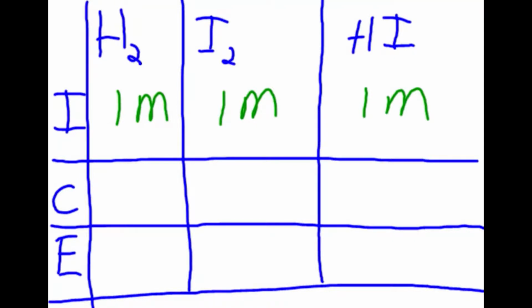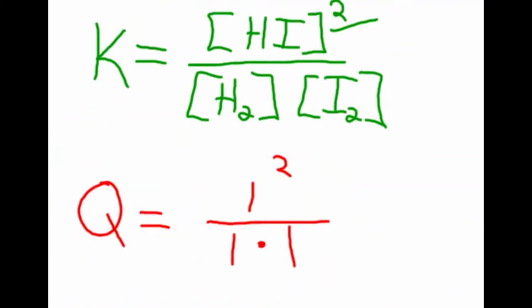So what I have to know is, is this number going to get bigger or smaller? What is my change? To do that, I have to find a Q. See if you can find a Q. Remember, Q is just the concentrations where we are now, in the beginning, initially. I plug them into the same expression as K, so I get 1 squared over 1 times 1, and that's obviously equal to 1.